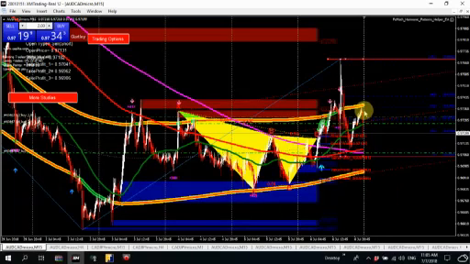Even as a long-term trend following trader, we want to spot entry opportunity using all this price retracement or reversal. By the time price gets to this point, I add one more position because we're gonna end up here.